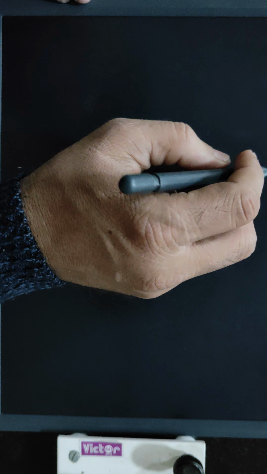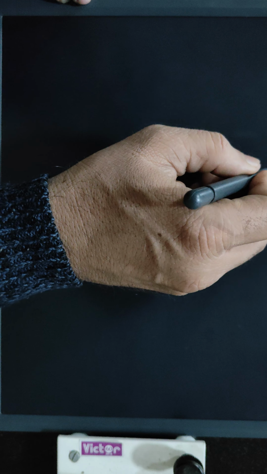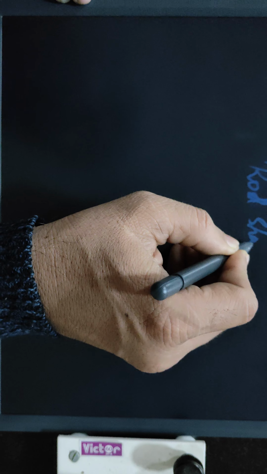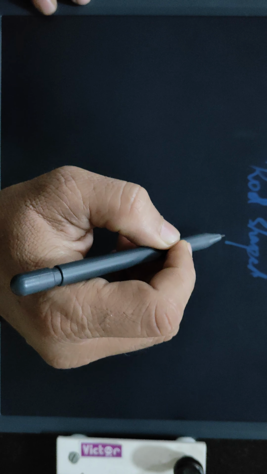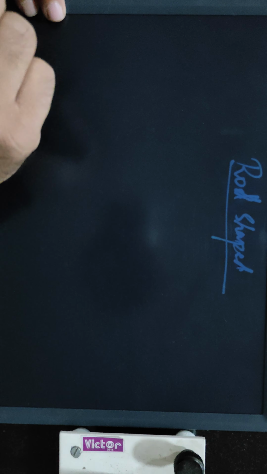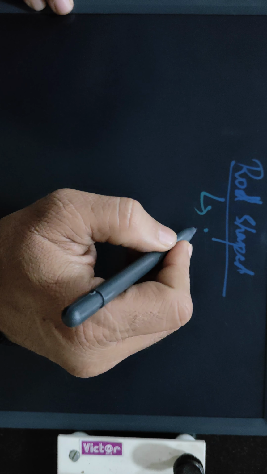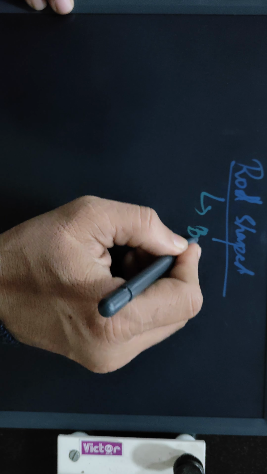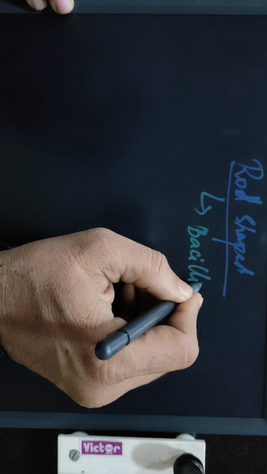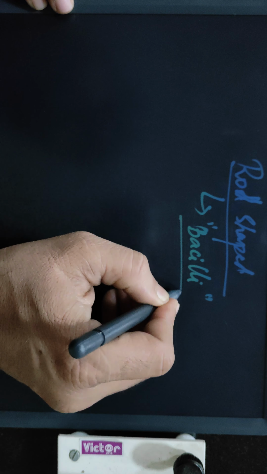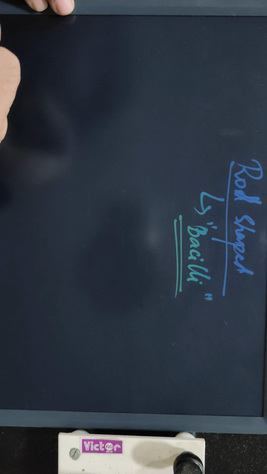Whereas in this session, let us study about rod shaped bacteria, which are called bacilli. In microbiology, the rod shape means bacilli.